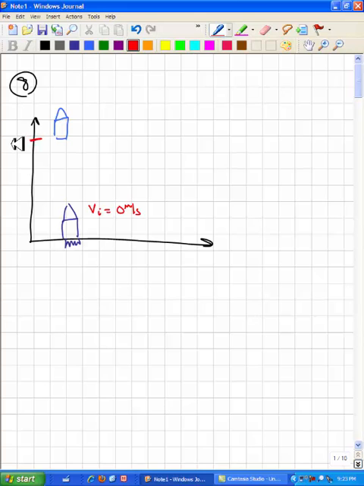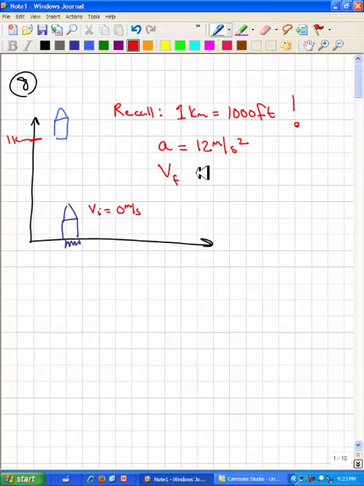So right here we are at 1 kilometer, which, remember, 1 kilometer equals 1,000 feet. Now, we are told the acceleration is 12 meters per second squared, and we are asked to find V final at rocket engine cutoff.